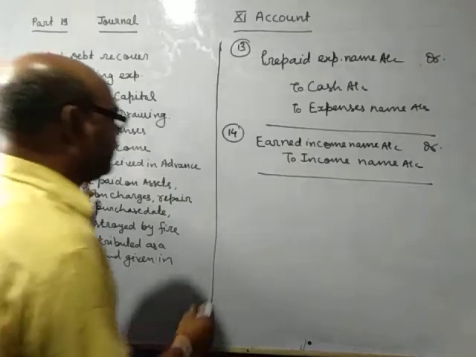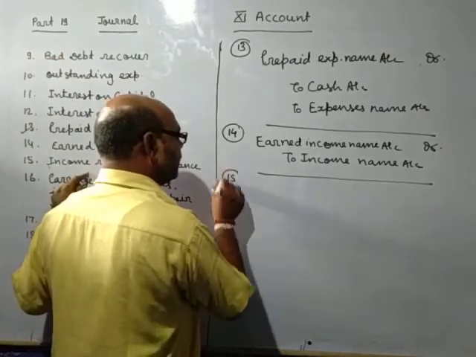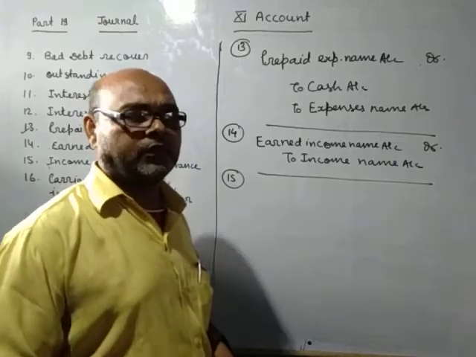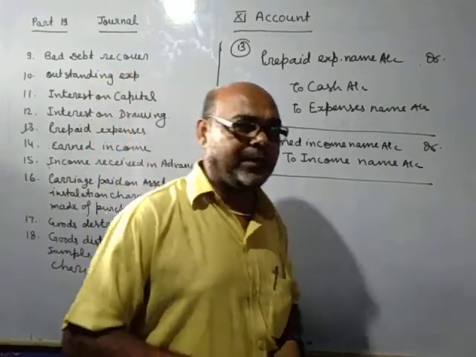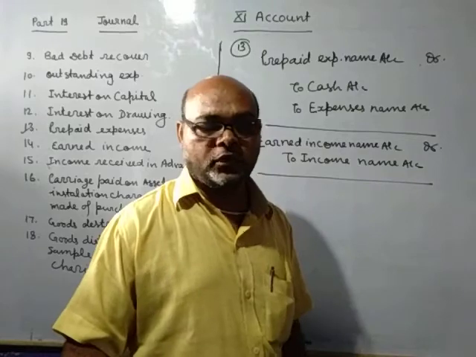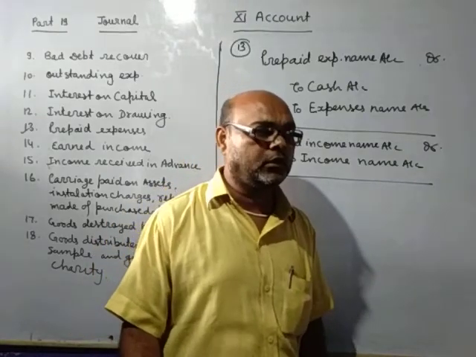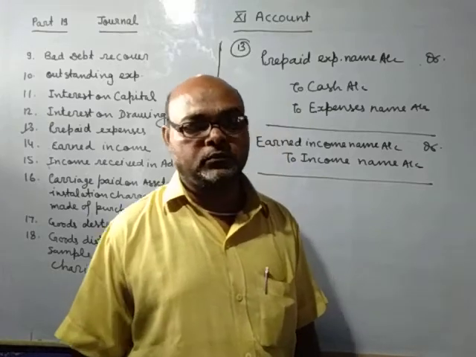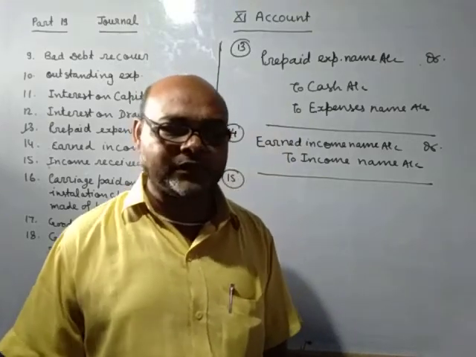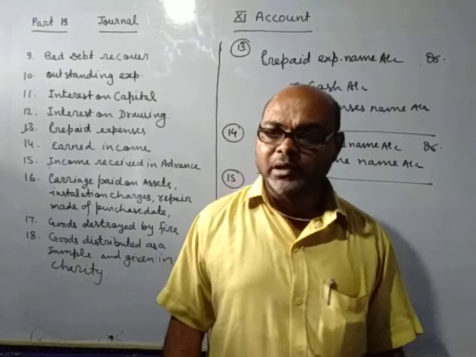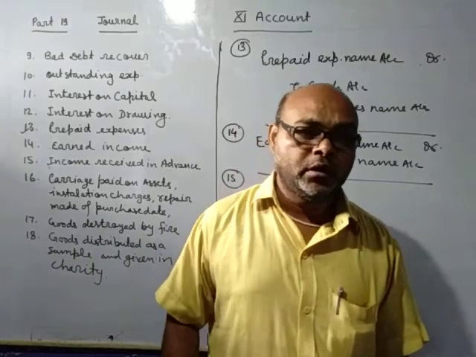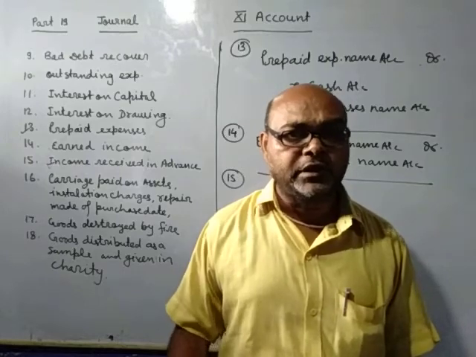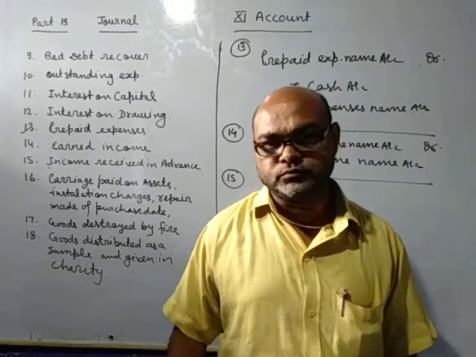Next, income received in advance. If you have received the income in advance, this is a liability for you. Suppose you are giving your house on rent. Now you have a policy that every person will pay 3 months in advance, then you will give your room.